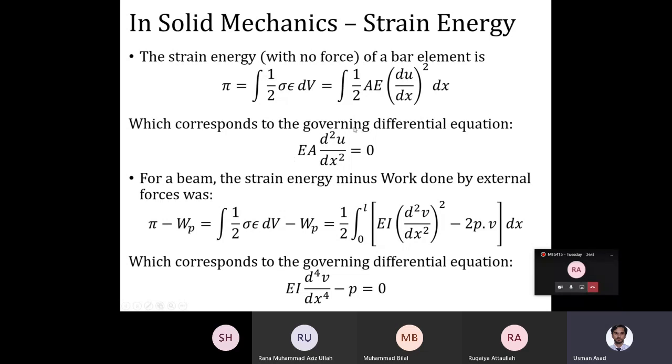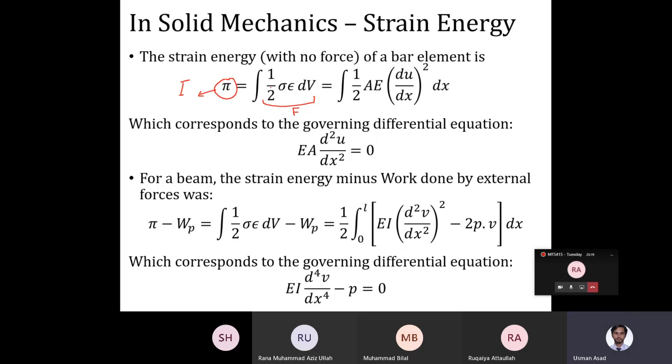ठीक है? So हमने कुछ टाइम पहले जब बार्स के बारे में बात की थी, मिनिमम पोटेंशियल एनर्जी मेथड की, तो हमने स्ट्रेन एनर्जी को मिनिमाइज करने की बात की थी. स्ट्रेन एनर्जी was a functional, so इसको आप इस तरह देखें कि this is I, जो हमने जेनेरिक फॉर्म में देखा था. उस पॉइंट ऑफ व्यू से this is pretty much I, and this whole thing is F, sort of, right?